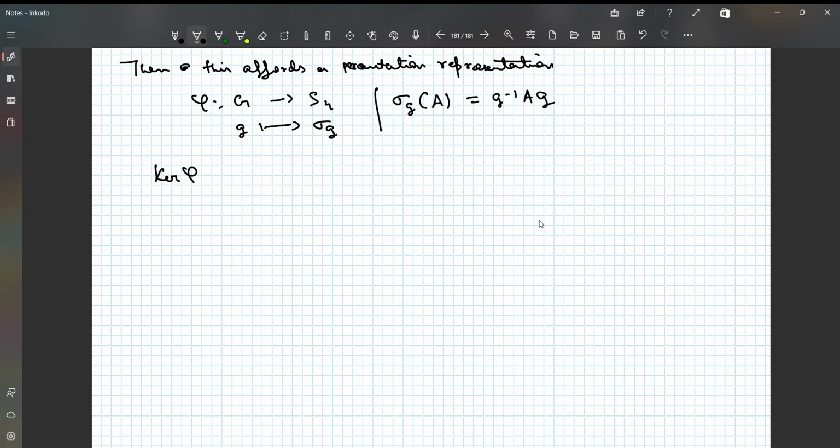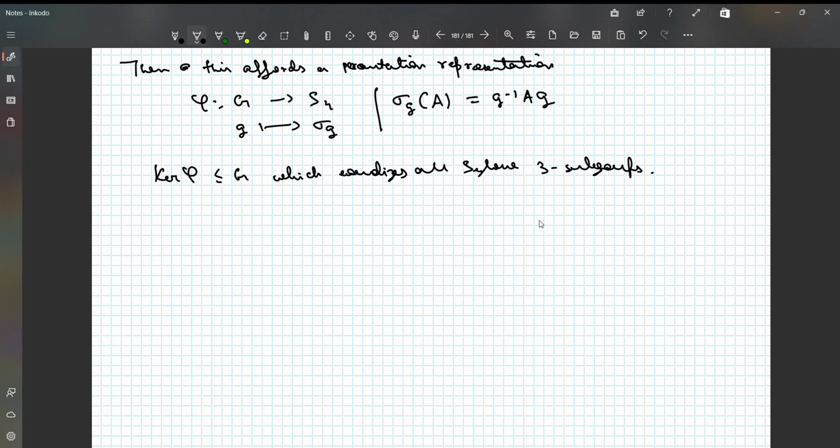Therefore the kernel of phi is a subgroup of G which normalizes all Sylow 3-subgroups. That is, if you pick an element from the kernel of phi, then conjugation by it fixes each Sylow 3-subgroup. That is what I want to say.